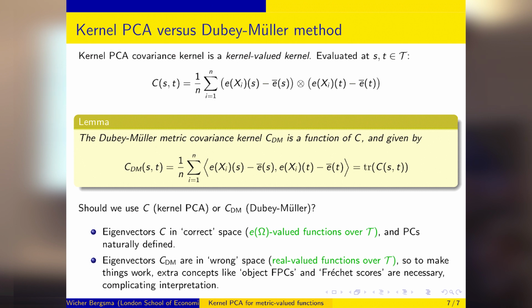So we can compare kernel PCA versus the author's method.